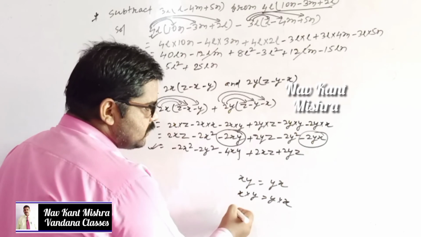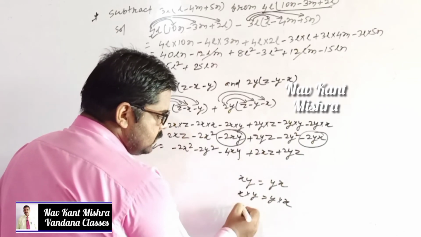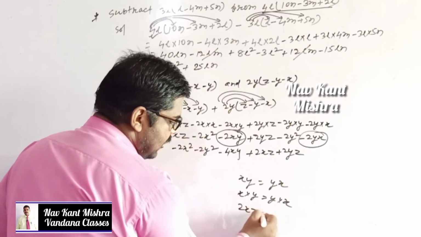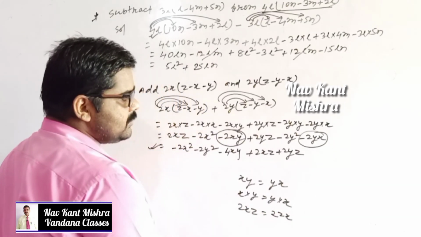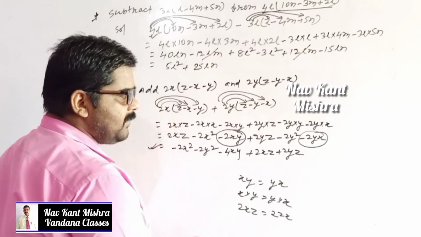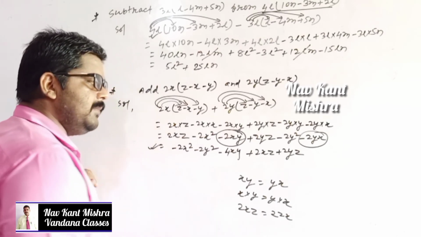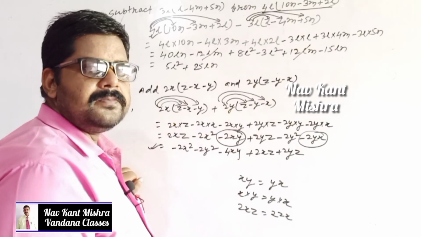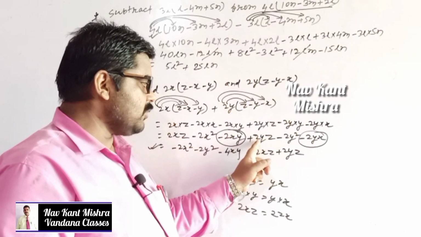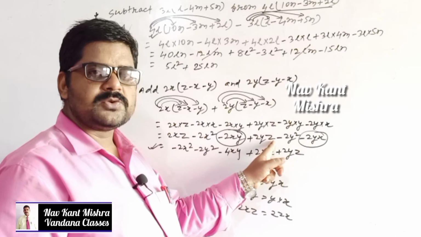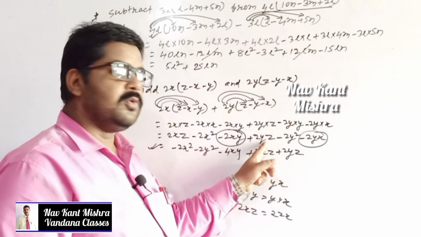Similarly, some students can write down 2xz as 2zx because both are similar. So it may be possible that while doing the multiplication, its order may change. In place of 2yz, some students can write 2zy.